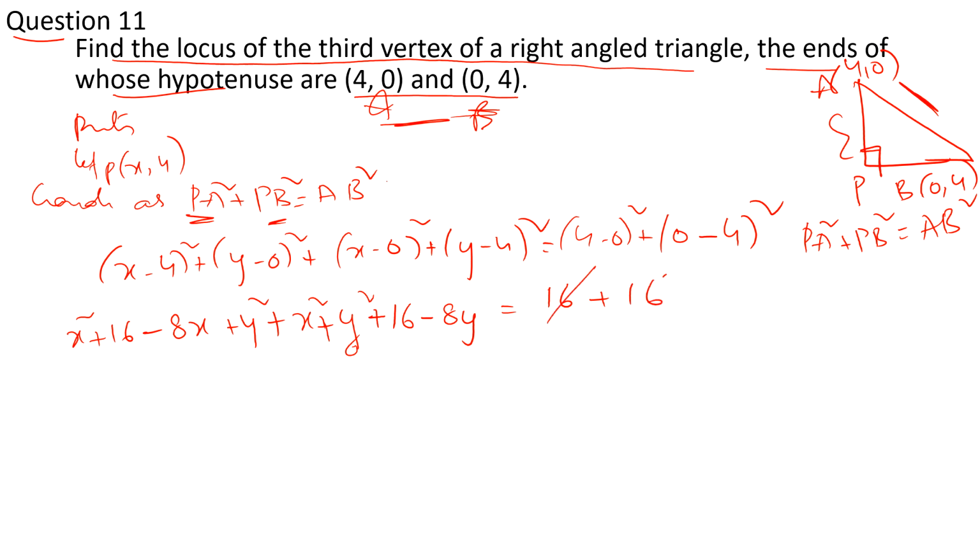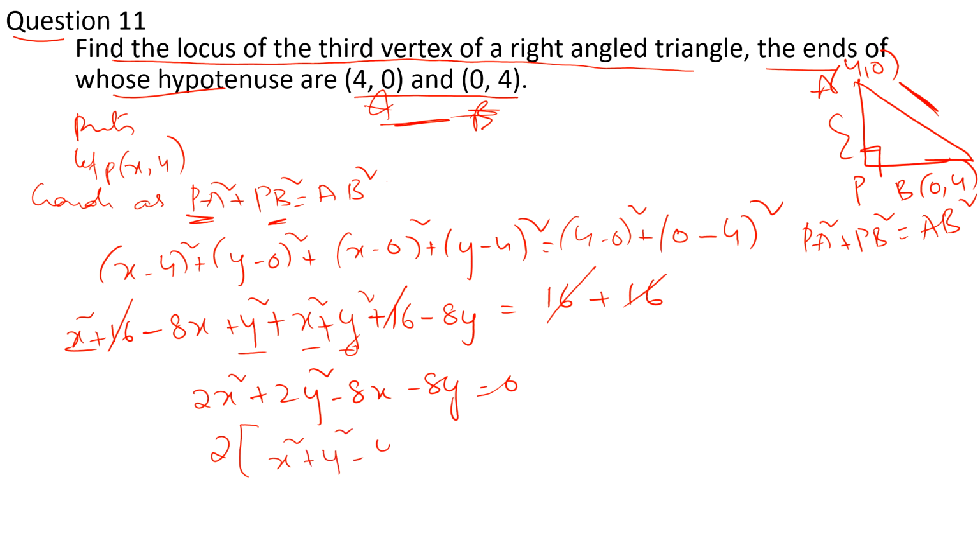So 16 and 16 get cancelled. So finally x square plus x square is 2x square, y square plus y square is 2y square, minus 8x minus 8y is equals to 0. You can take 2 as common. x square plus y square minus 4x minus 4y is equals to 0. So ignore this 2, and x square plus y square minus 4x minus 4y is equals to 0.